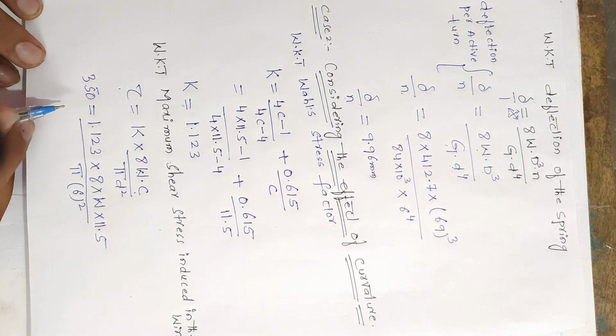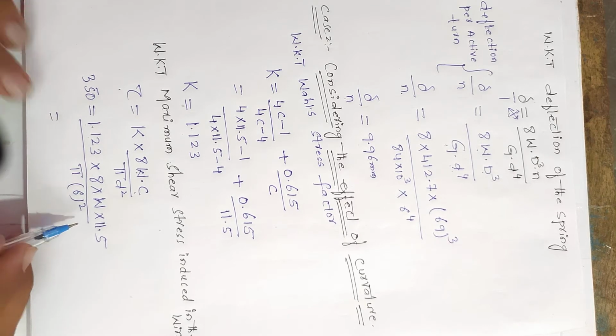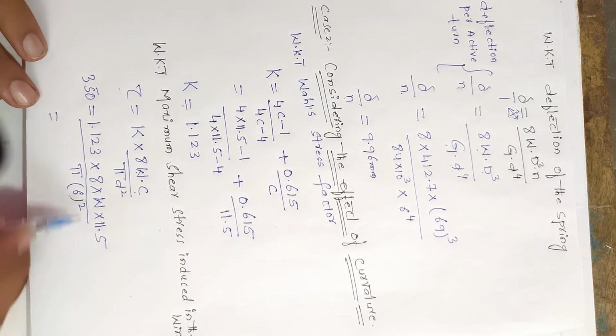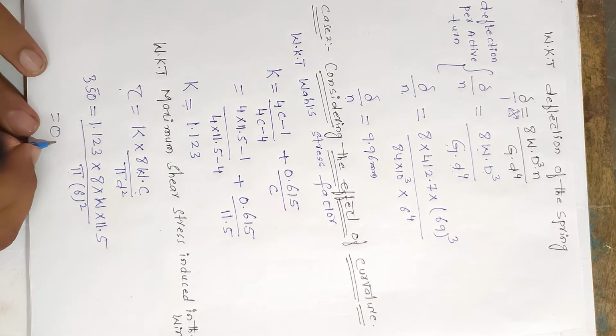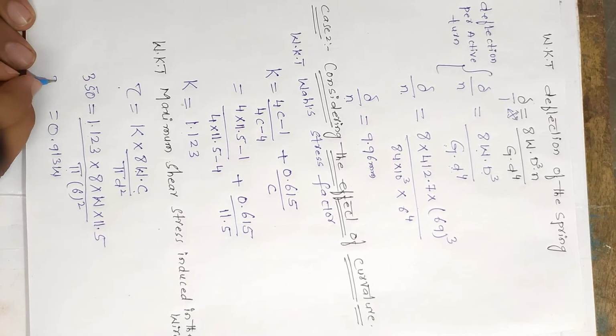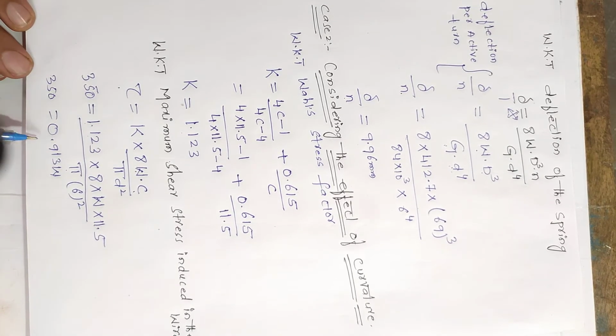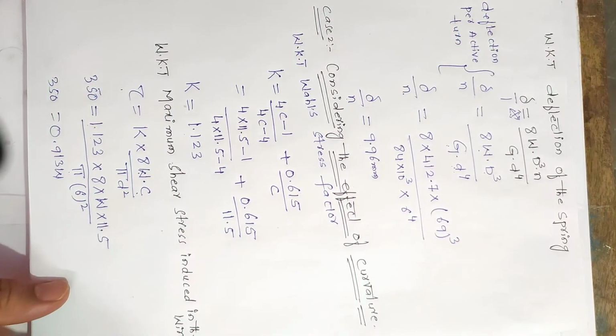So if you divide this value like this, 1.123 into 8 into 11.5 by 3.142 into 6 power of 2, then you will get the value 0.913 W, that is the value of 350. If you divide 350 by 0.913, then you will get the value of W. Okay.